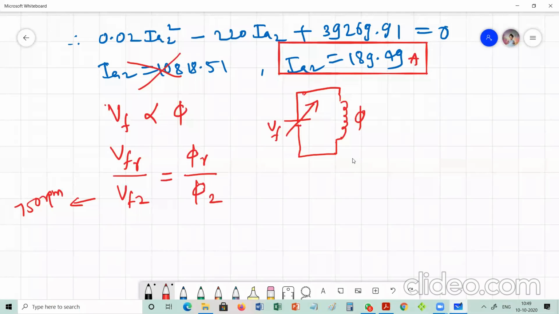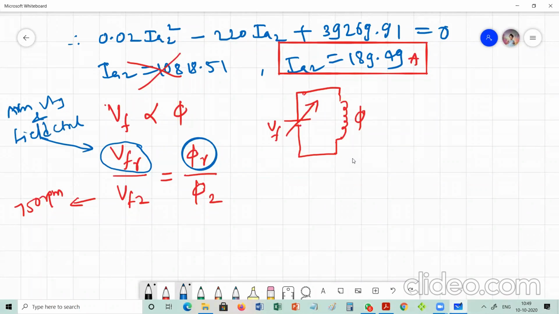And we know that the point Vfr and phi r, these 2 points are common in the armature voltage control and field control technique.